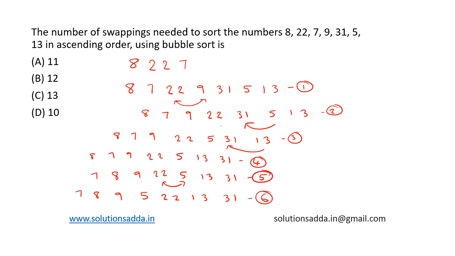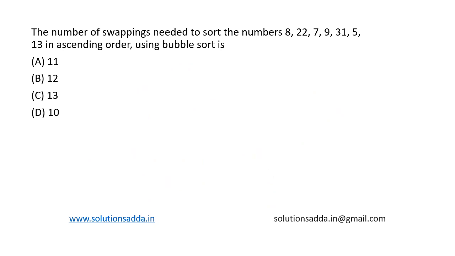Next we are at 22 here. The next swap would be 22 and 13. So we have 7, 8, 9, 5, 13, 22 and 31.